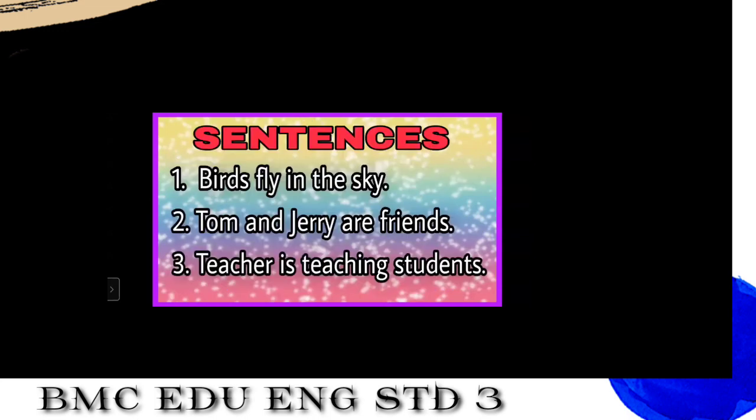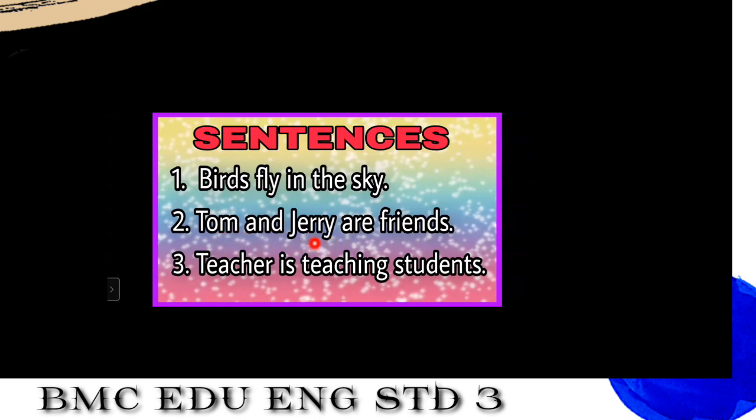Next, children, sentences. For example, birds fly in the sky. Here, the capital letter, can you see this? B is the capital letter, and at the end, there is a full stop. Second sentence, Tom and Jerry are friends. Here T is capital because it is the name, and J is also capital because it is also a noun.